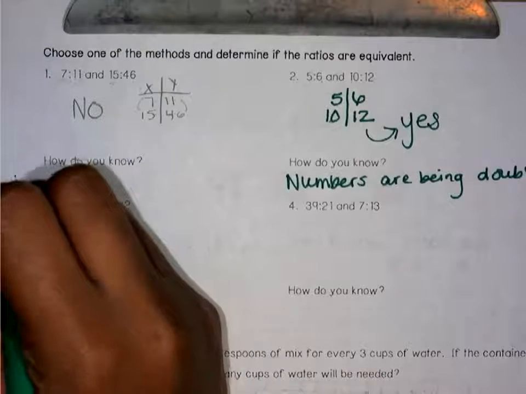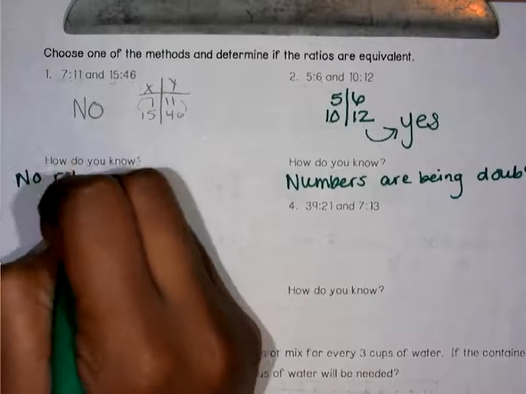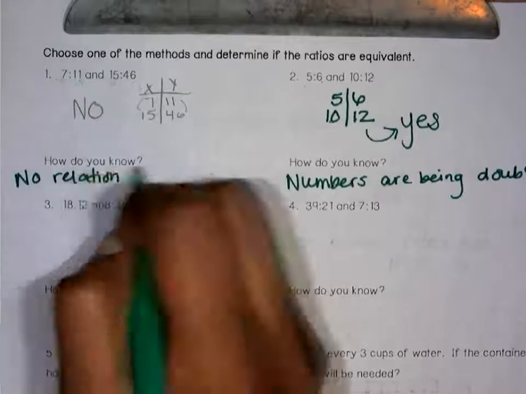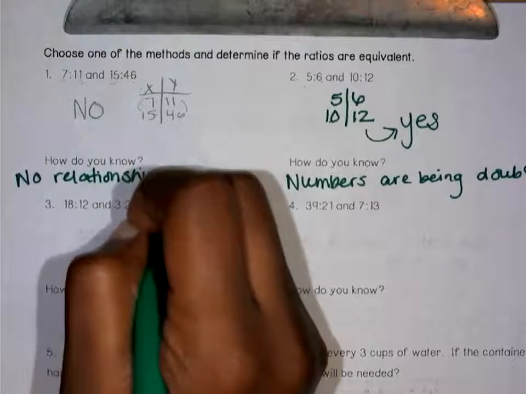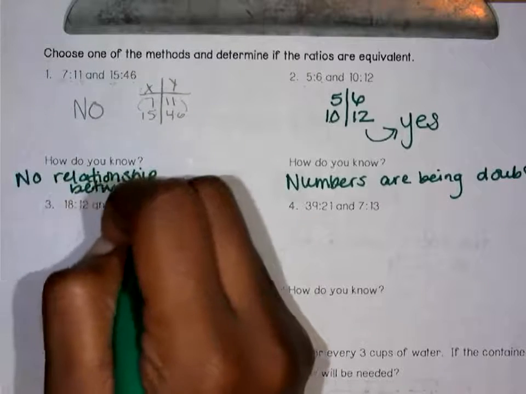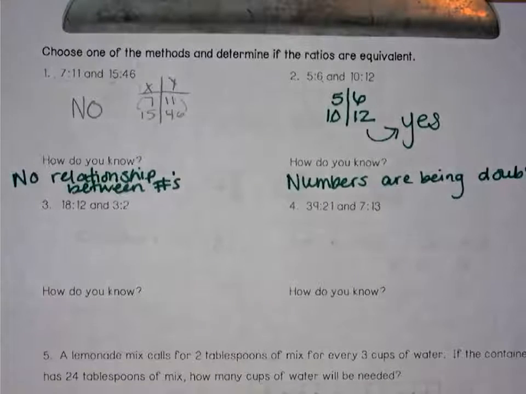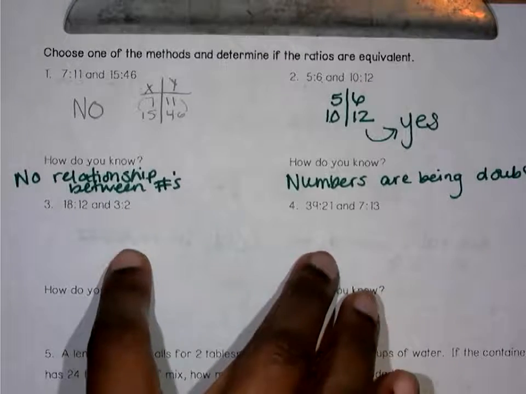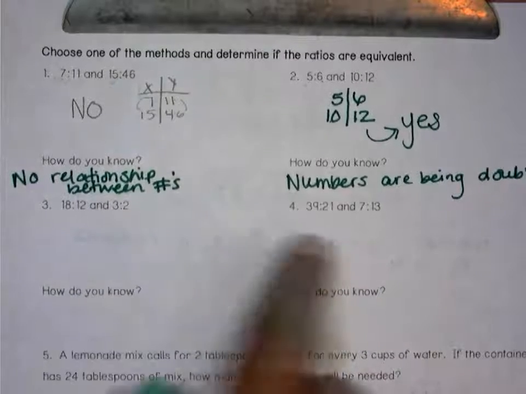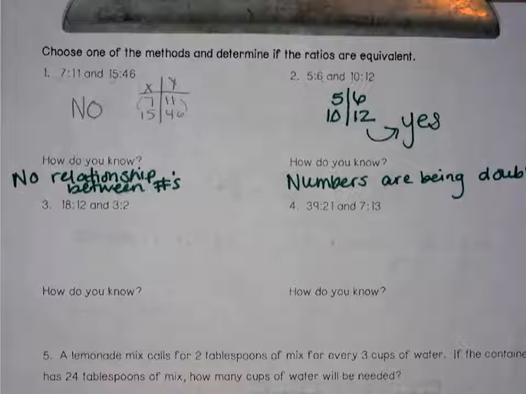There's no relationship between numbers. All right. I want you to do 3 and 4. I want you to compare those two numbers to see if each group is equivalent to one another, and we'll come back and talk about them.